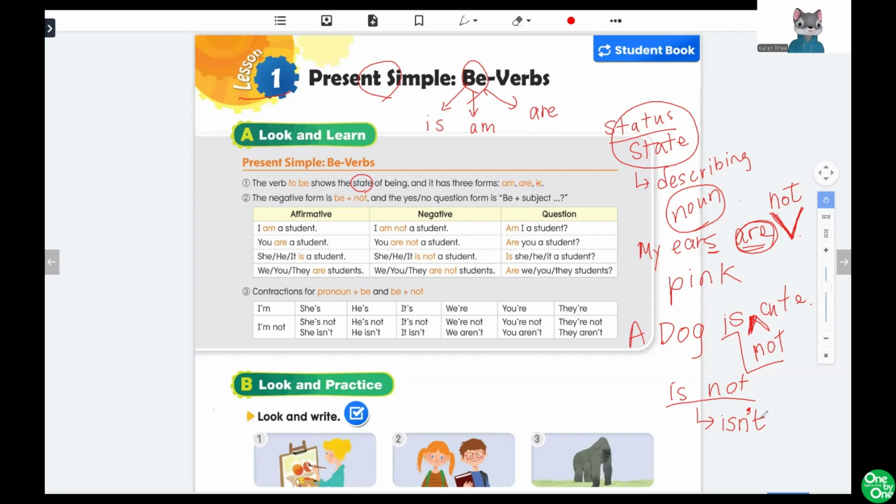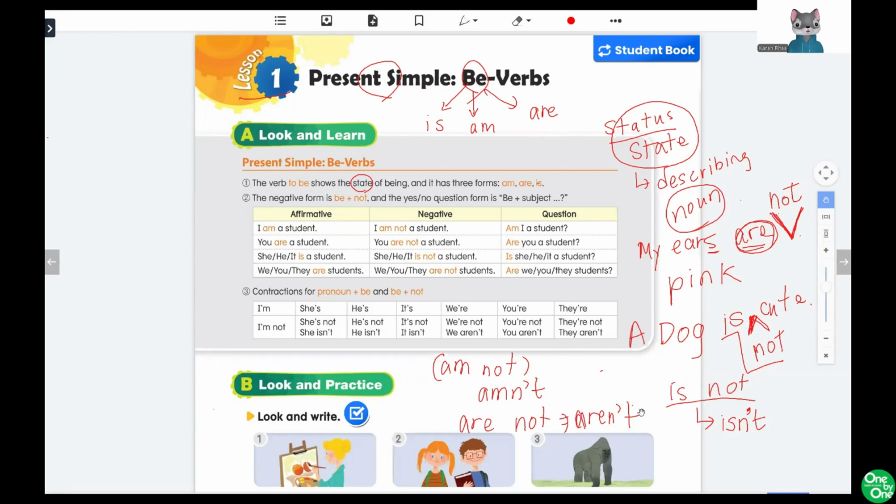Am not cannot be contracted together. There is no such word as amn't, okay? And if there is are and the not together, then we contract it to aren't.